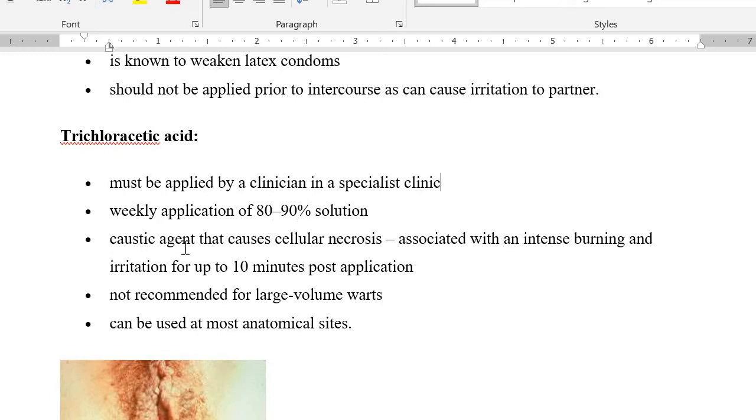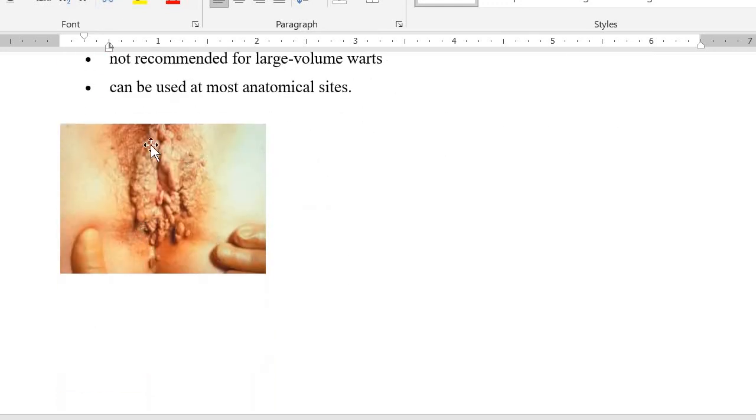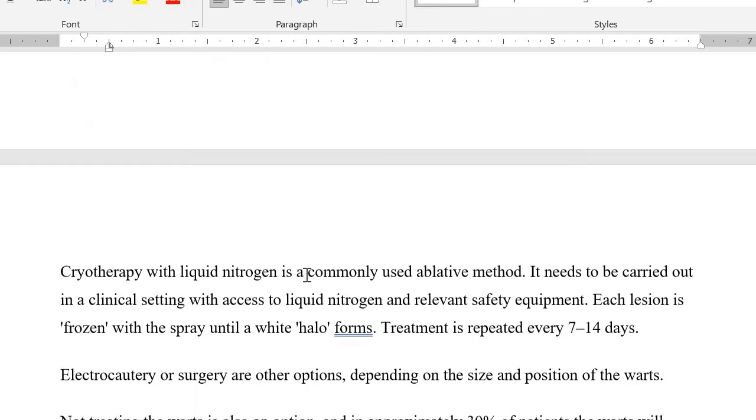It is a caustic agent that causes cellular necrosis, which is associated with intense burning and irritation for up to 10 minutes post application. That's why it is given in the clinic. It is not recommended for large volume warts. It can be used at most anatomical sites. Like here it has been applied, so maybe it will result in local burning like that, but the number of warts will decrease.